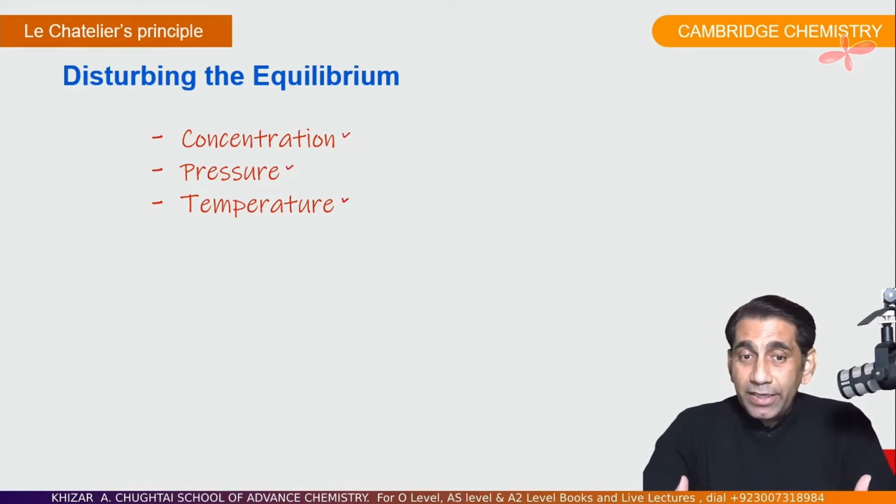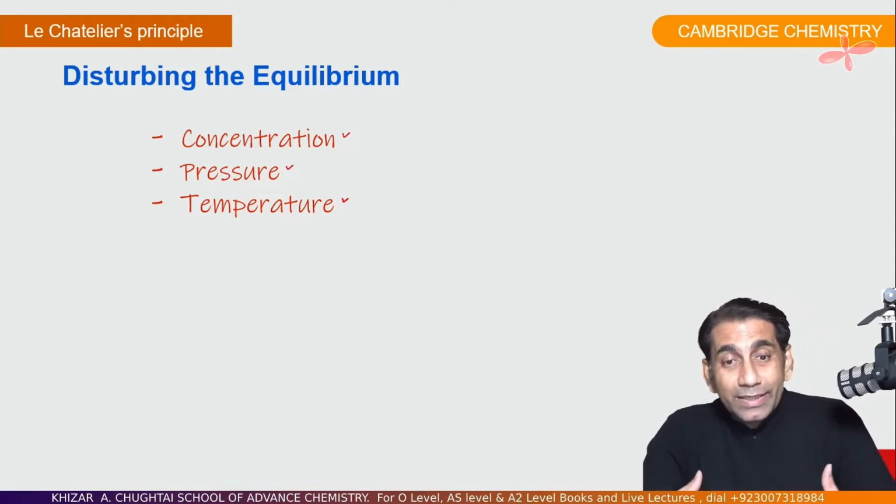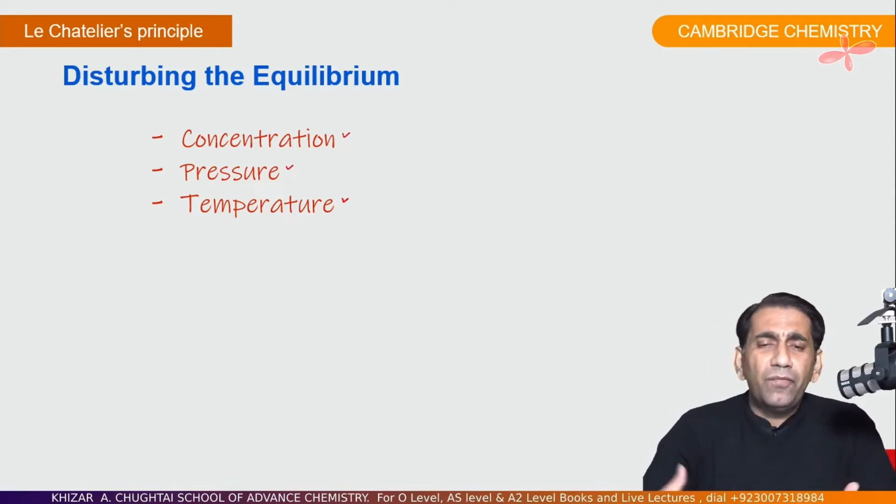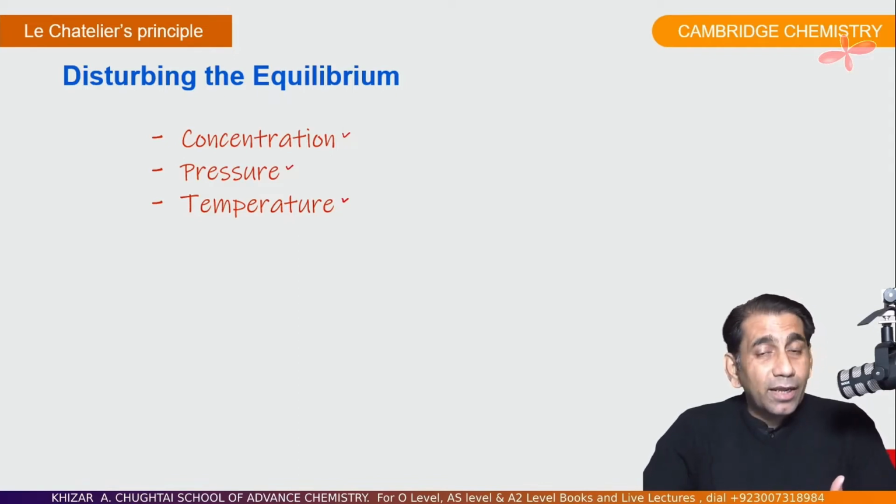When this stage is established, after that we can disturb the position of equilibrium by changing the concentration. It will be disturbed by changing the pressure. And the third and last one is the condition, that is temperature.